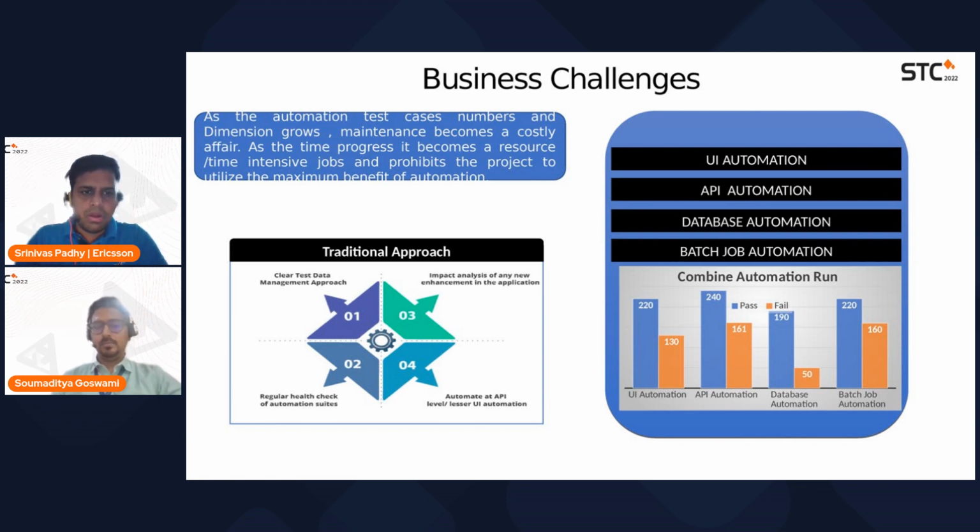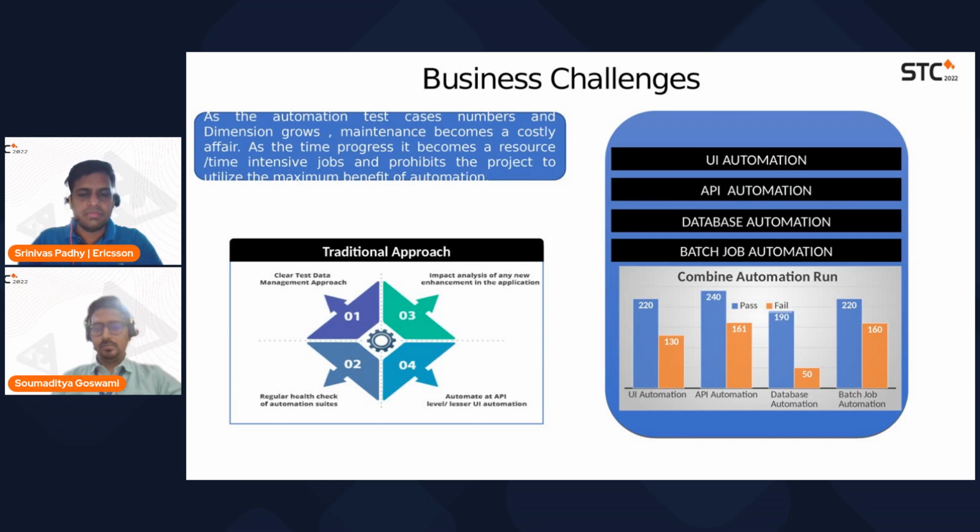Second, do regular health checkups of the automation suites. Third, always do an impact analysis of any new enhancements in your application. And last but not the least, use less UI automation and more API automation.